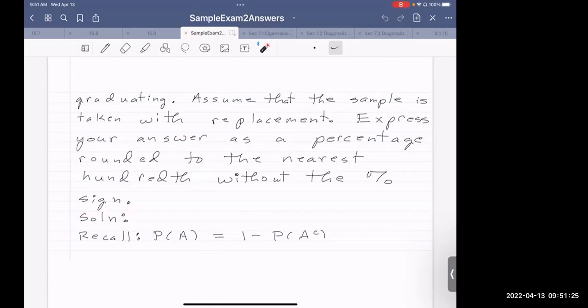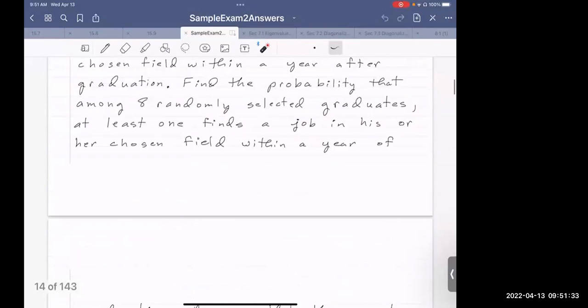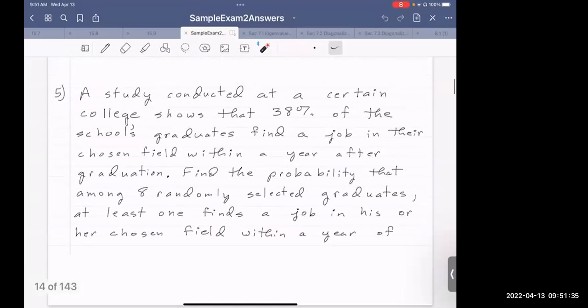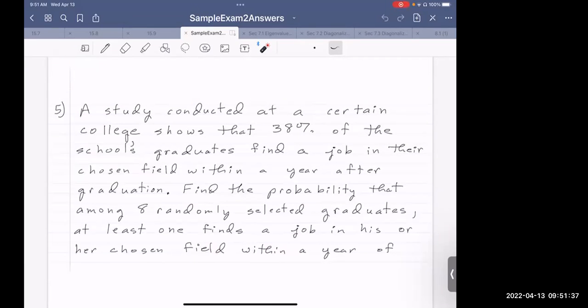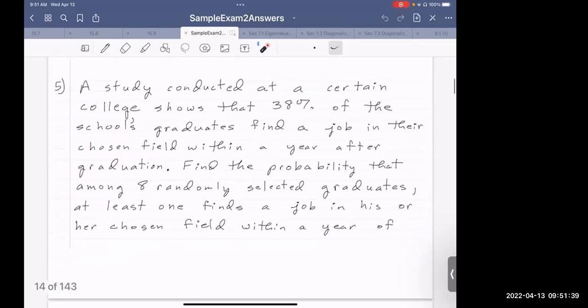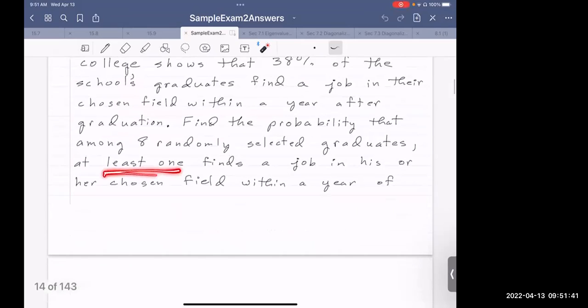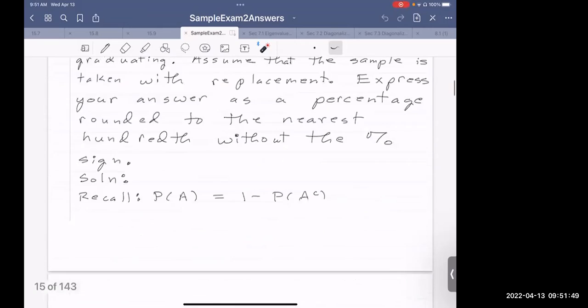So I'm going to look at the complementary event. We're trying to find at least one, and it's easier to find the complementary event of at least one.